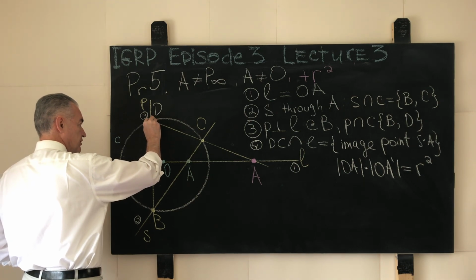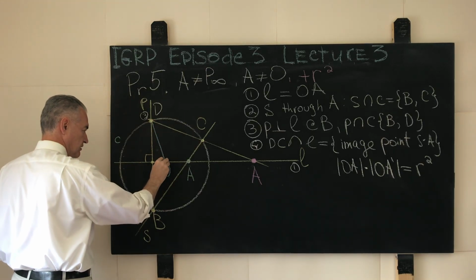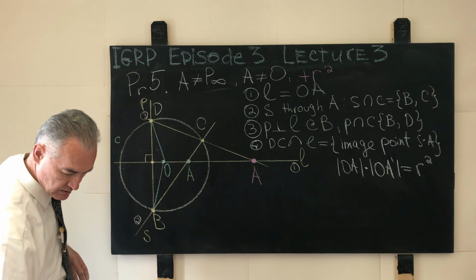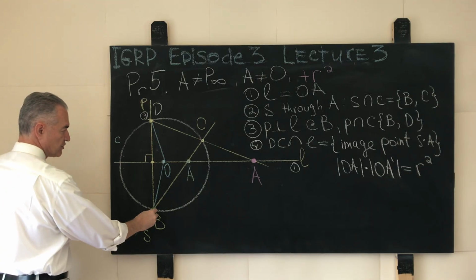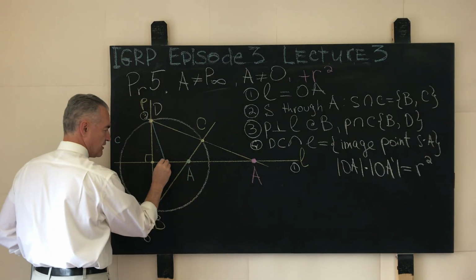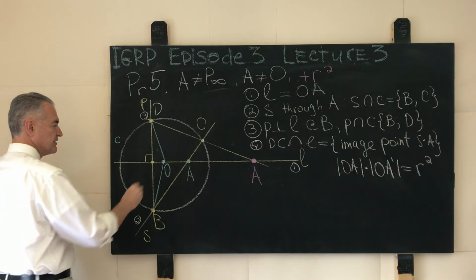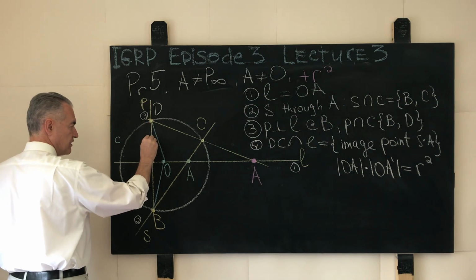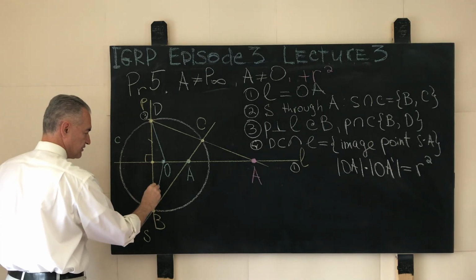Let's connect the point D with the point O. Let's like this and like so. You see? So what does it tell us? Because the straight line P is perpendicular to the straight line L that contains the center of inversion, that means that the distance from this point to the point D is the same as the distance from this point to the point B, this distance right here.